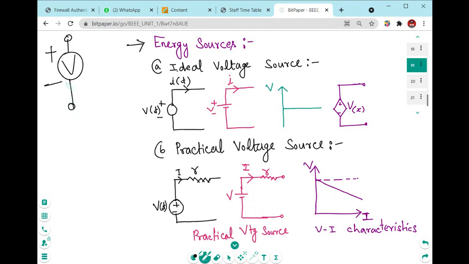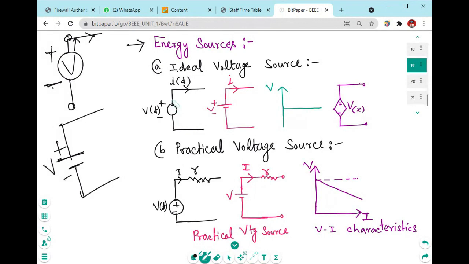When we discuss the ideal voltage source, that means there is no loss in the voltage source. The plus and minus signs represent positive and negative terminals, and you can connect this voltage source to any circuit and current will flow through that circuit.